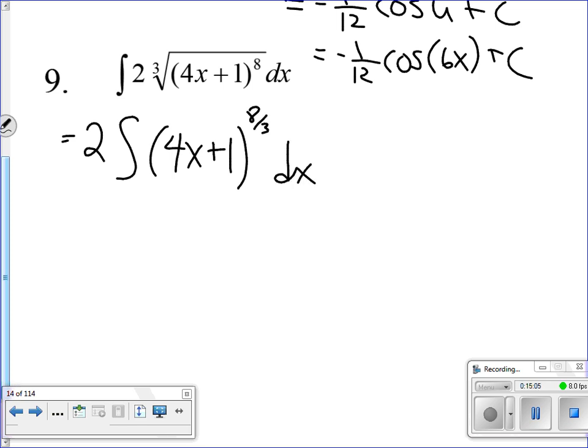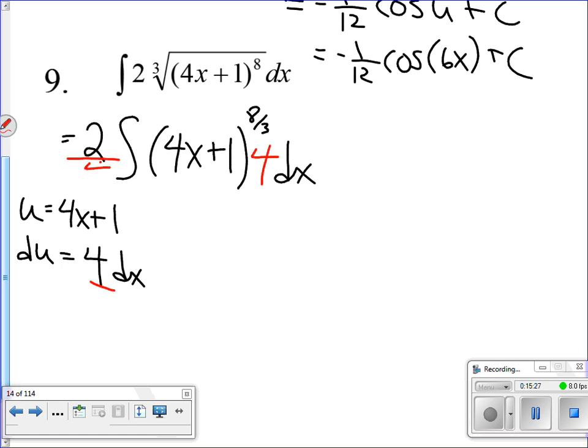So this is not just x to the 8 thirds, it's some other function, so we need u-sub. So u equals 4x plus 1. du is then equal to the derivative, du/dx, which is 4 times dx. We are missing the factor of 4, so we put a 4 in and a 1/4 on the outside.